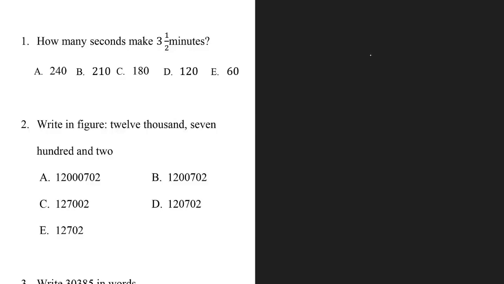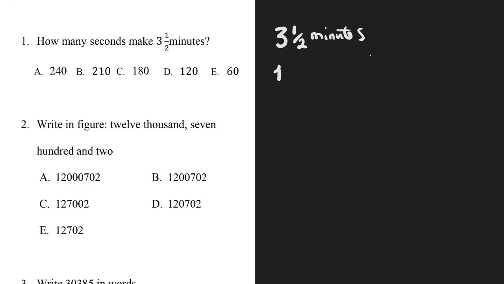Alright, the first question we have here is, how many seconds make 3.5 minutes? So how are we going to do it? The first thing to note here is that 1 minute is equal to 60 seconds.